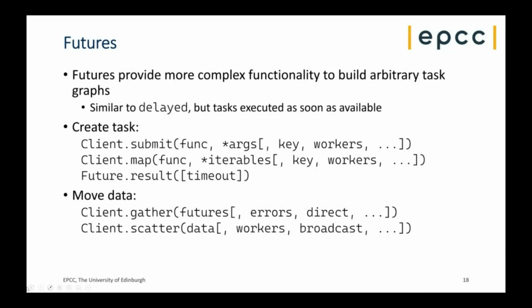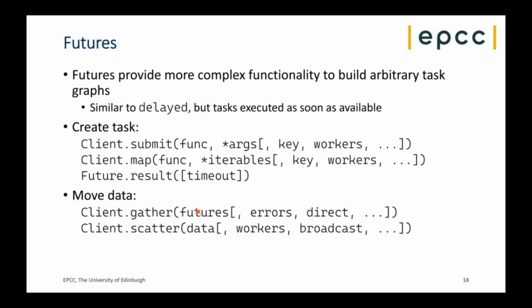So it doesn't have to be a single function submit, but you can say submit it on this range of data. And you can also create results, so you can say collect these results together and then move on. And there's functionality to let you move data backwards and forwards, to scatter data out to workers before they work on it, or pull data back in from workers. Now you don't have to do this, you can just pull the future stuff together.